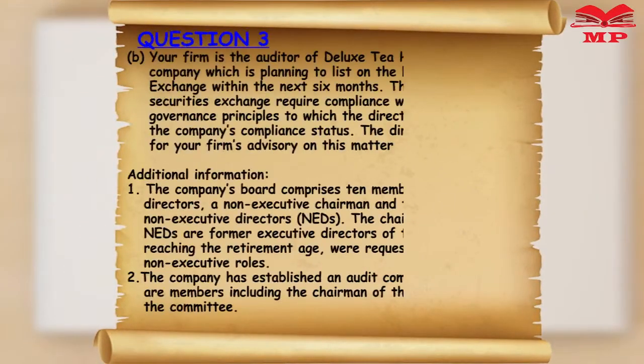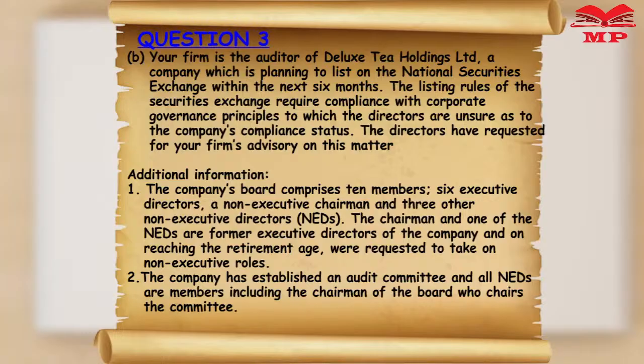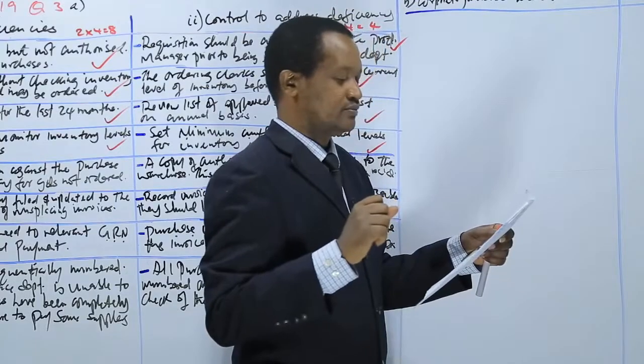Note number 1. The company's board comprises 10 members, 6 executive directors, a non-executive chairman, and 3 other non-executive directors. That means that this company comprises 6 executive directors and 4 non-executive directors.